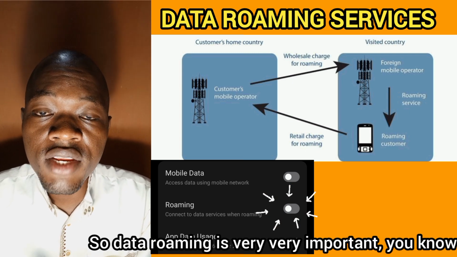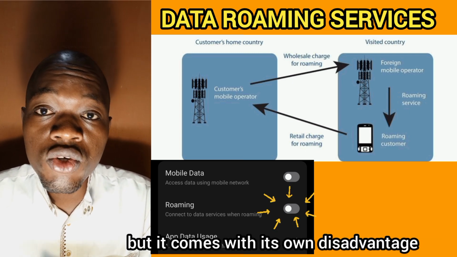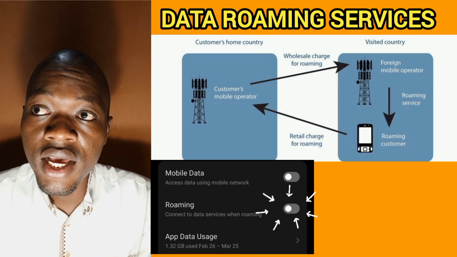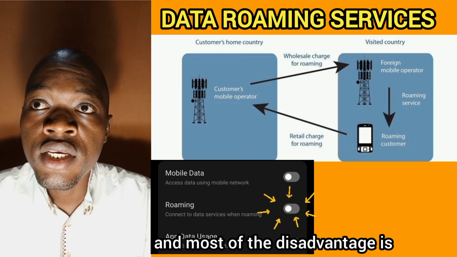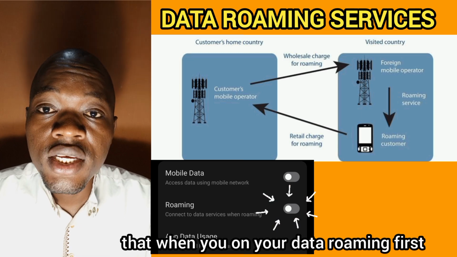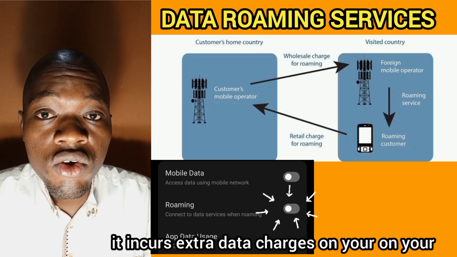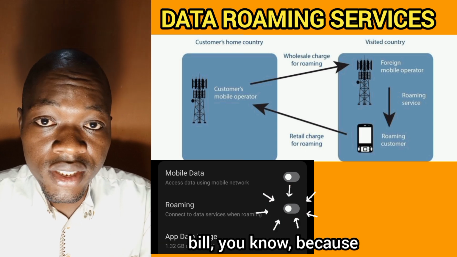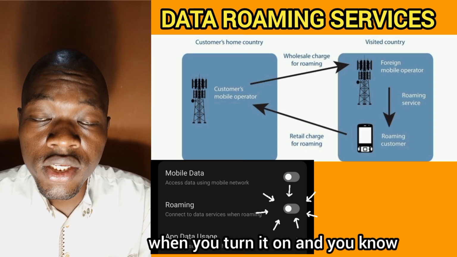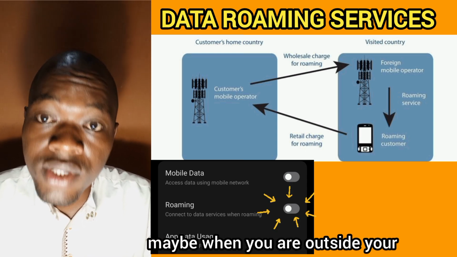Data roaming is very important, but it comes with its own disadvantages. Most of the disadvantage is that when you turn on data roaming, it incurs extra data charges on your bill, especially when you are outside your own country.